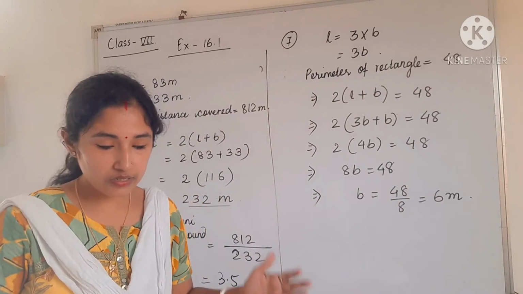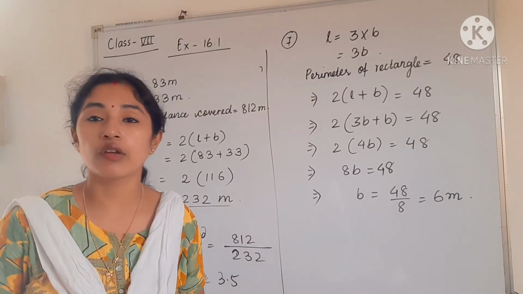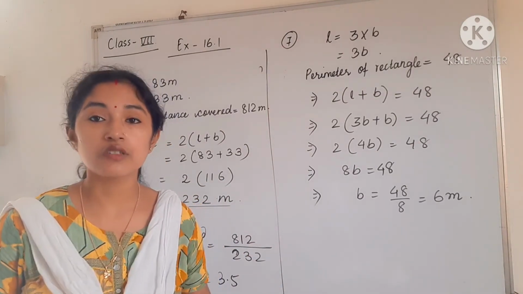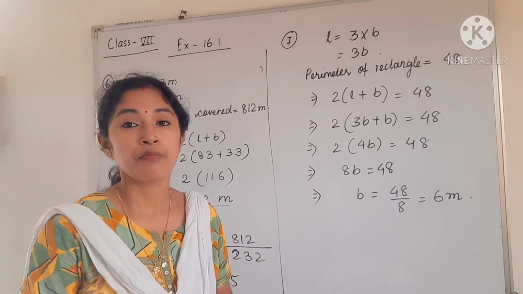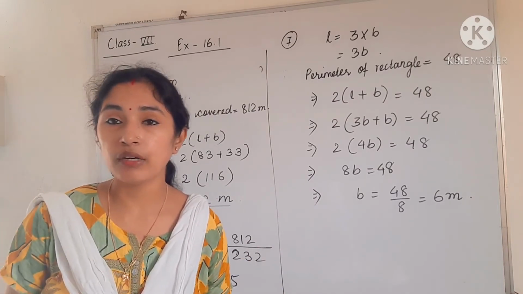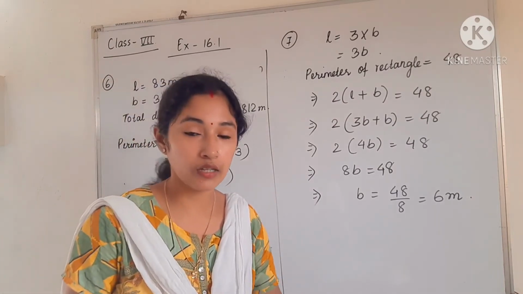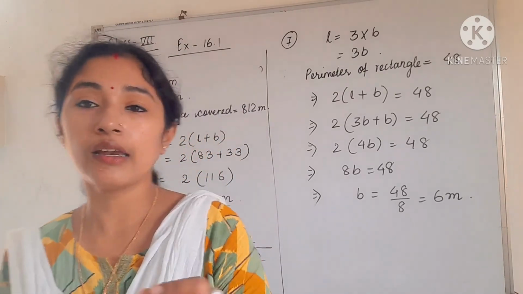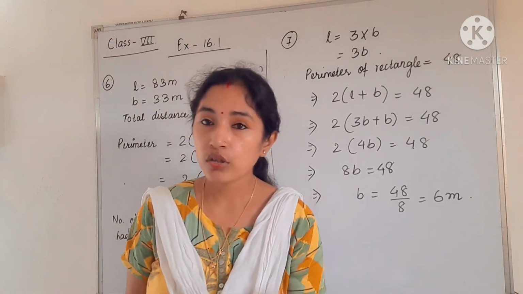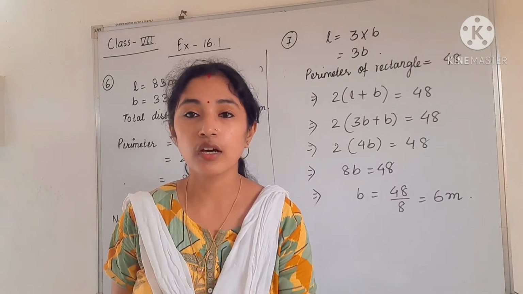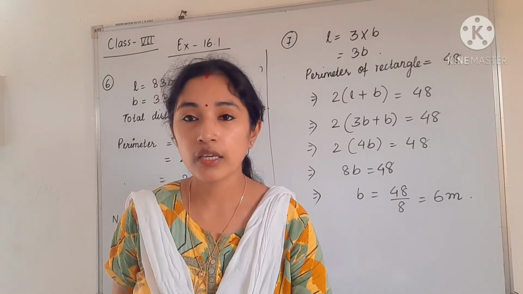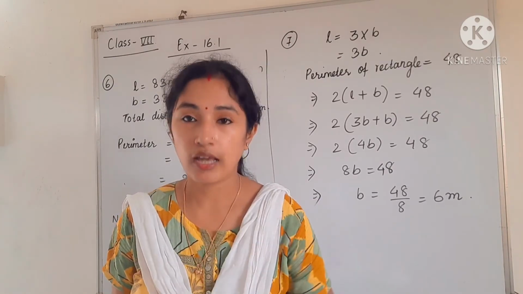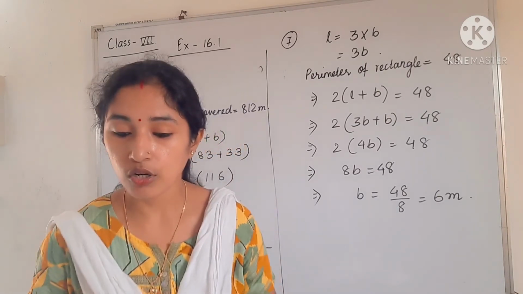it is already given how much total distance she is covering. And we can easily find the perimeter of the rectangle, and you know that the perimeter of the rectangle is equal to the total length of the distance we are walking only one time. Perimeter is also equal to what?